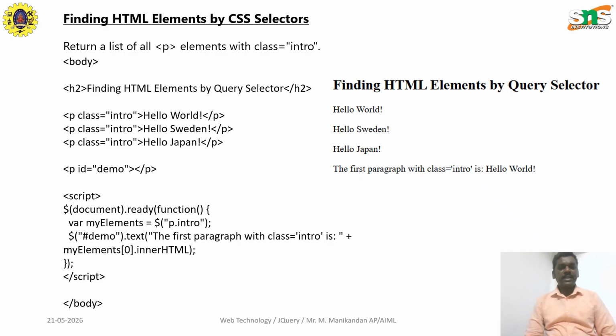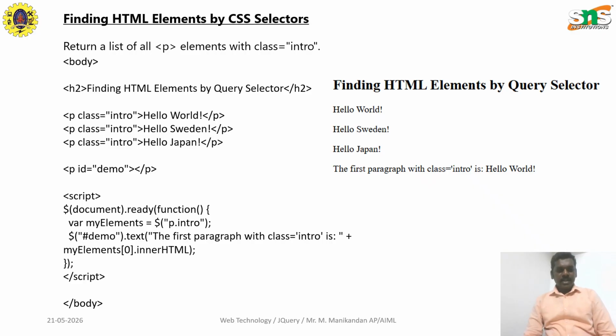Then another P tag is used to display the content. We are creating the document ready function, where myElement equals dollar of p dot intro. It is the call of the CSS selector p dot intro: p represents the tag, and intro represents the class name.